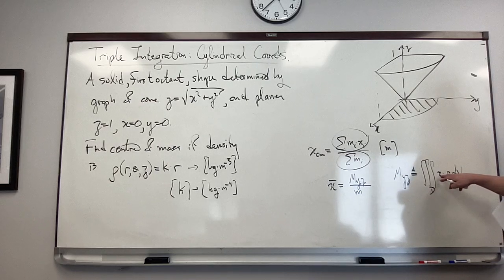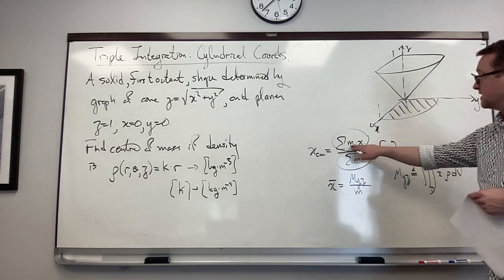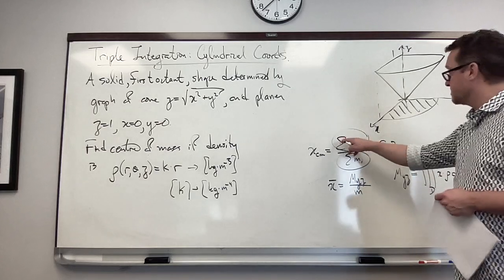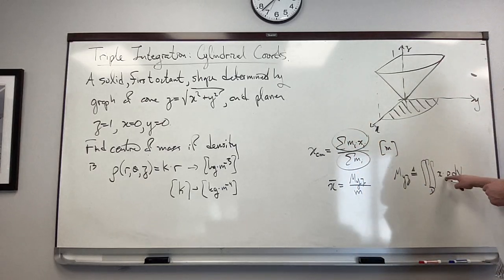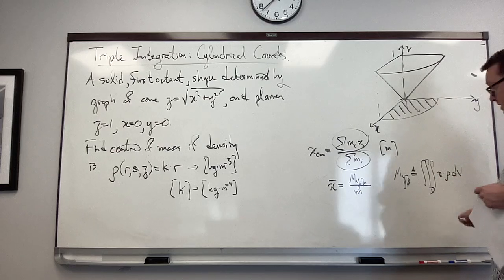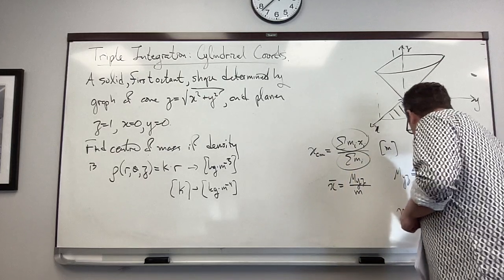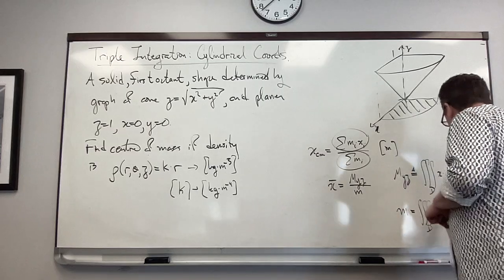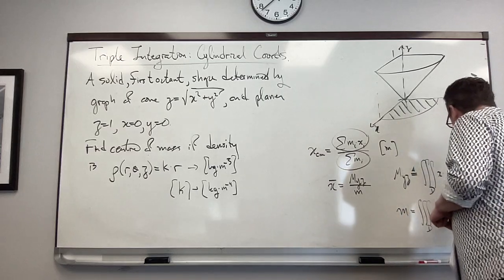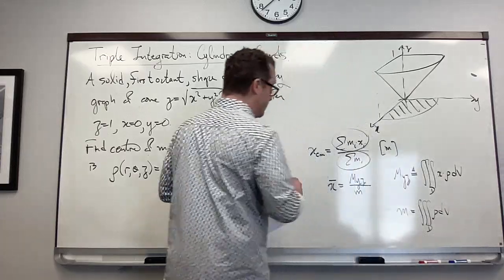So this looks like x times m, and we're summing it: the sum of the mass elements times the distance. And then the mass is just the triple integral over the same volume of the density function and the volume element.